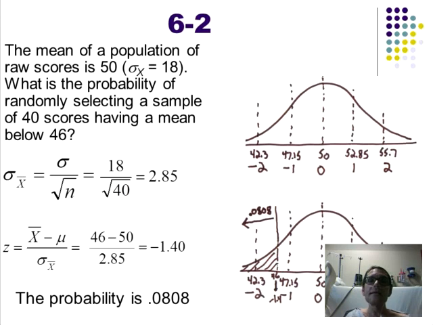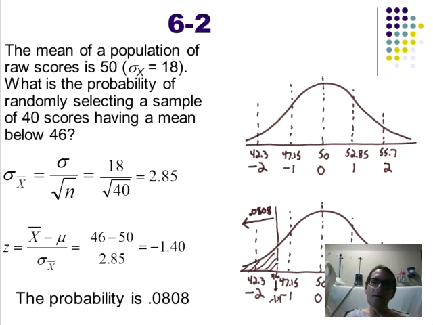So now, in order to look this up, remember, we go down the left side until you get to 1.4, and then you'll go over no columns. You'll take the very first number next to 1.4 because it's 1.40 in this case.